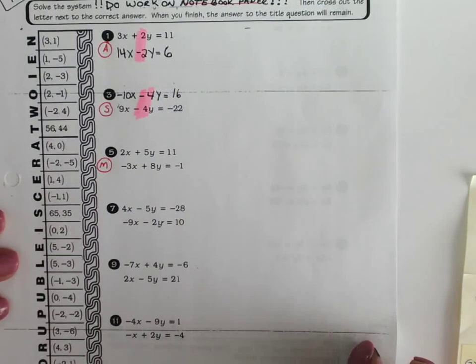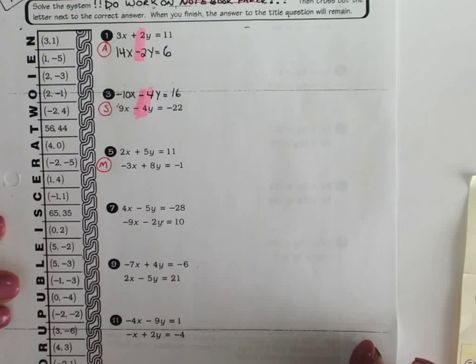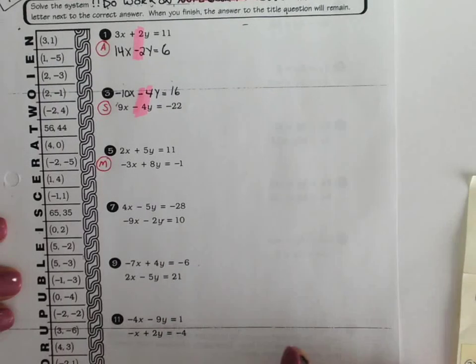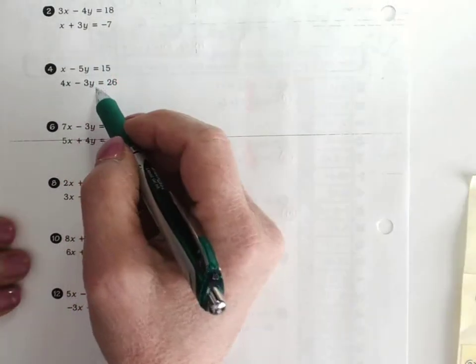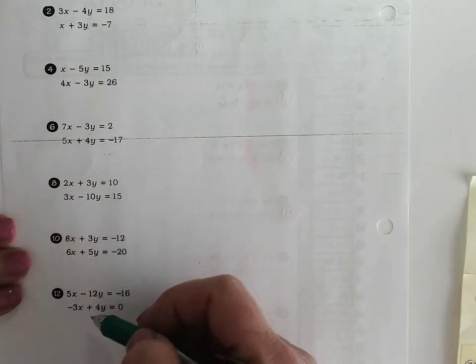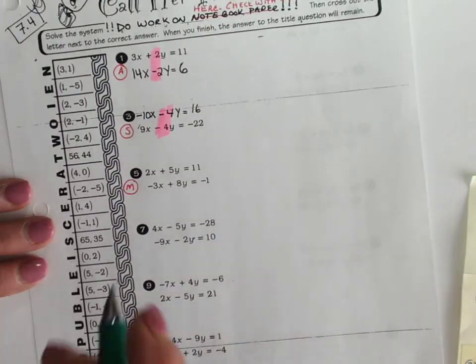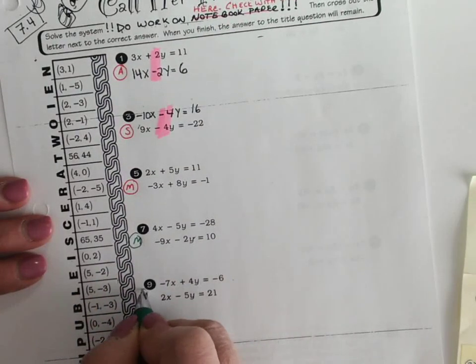Maybe we will later. Now go through and see if you can find any that have the subtraction method, and label those with an S. Alrighty. So all of these are the multiplication method.